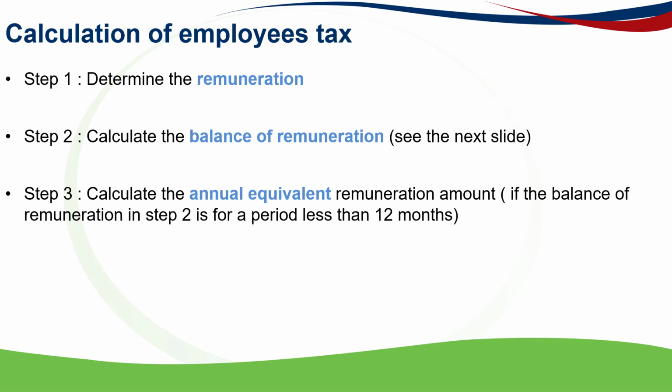Please also note that annual payments, including variable remuneration, are added to the annual equivalent remuneration and not the monthly amount. And the reason for this is simple. These amounts, your annual amount or your variable remuneration, are not received on a monthly basis, so you cannot include these amounts in your monthly amounts.